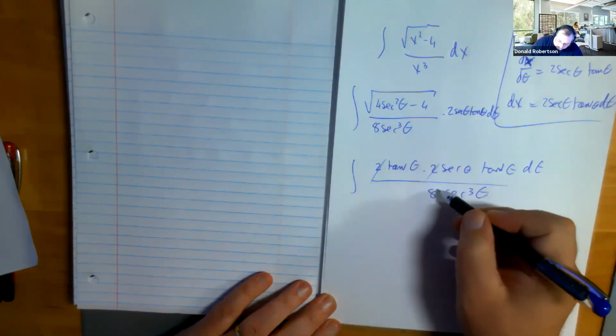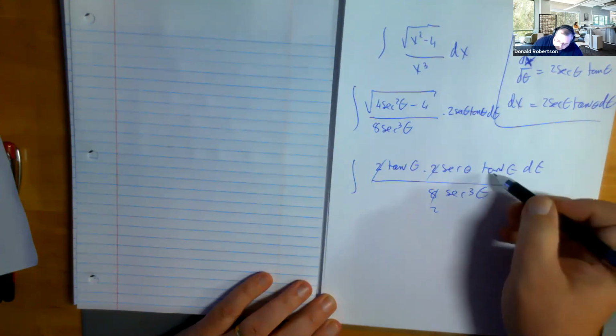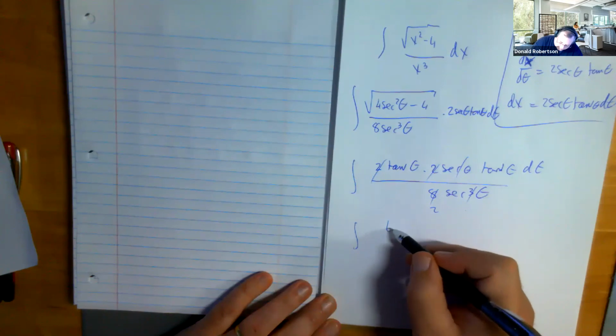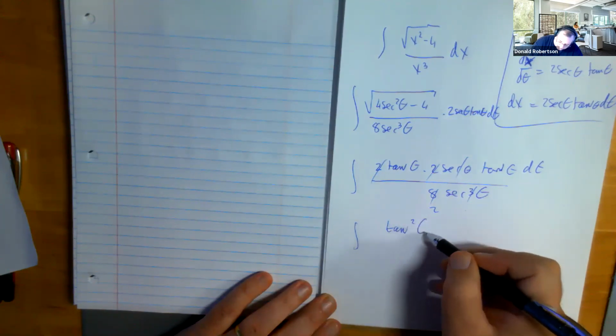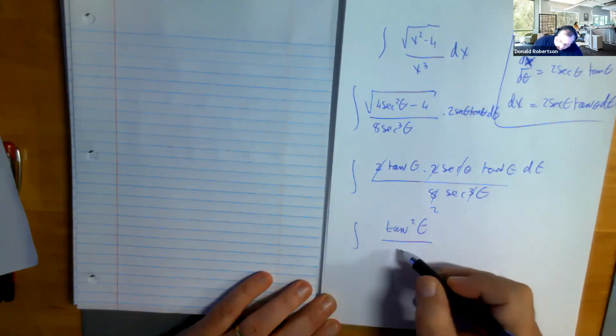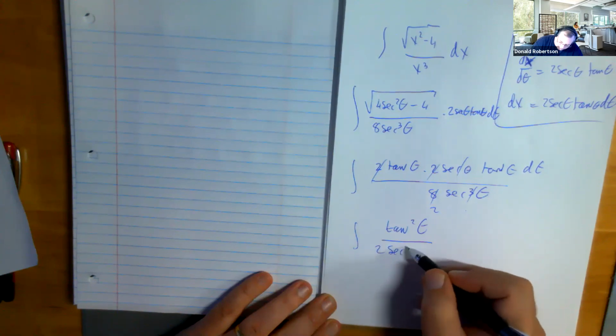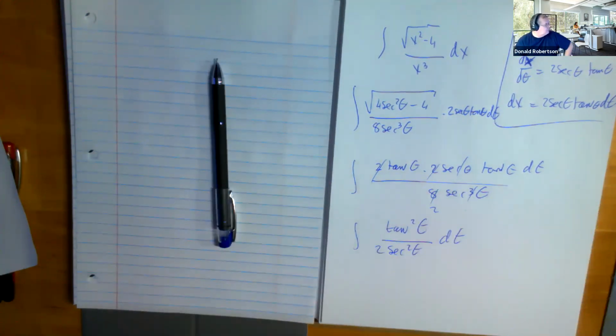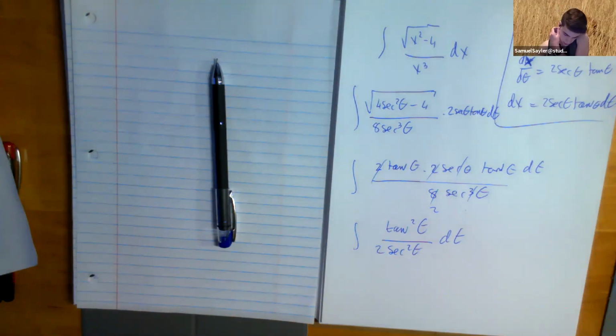2 and 2 gets you 2. 1 secant gets you a secant squared. So I'm left with tan squared theta over 2 secant squared theta. That doesn't look good. Yeah, so I did something wrong.